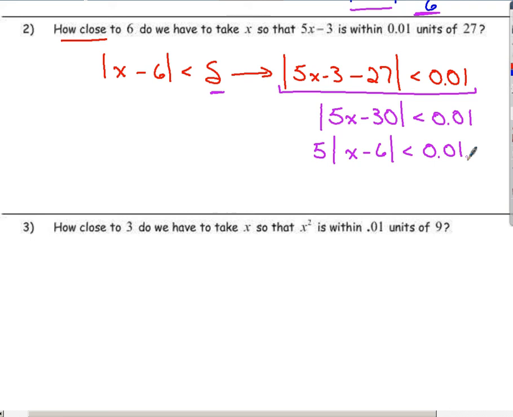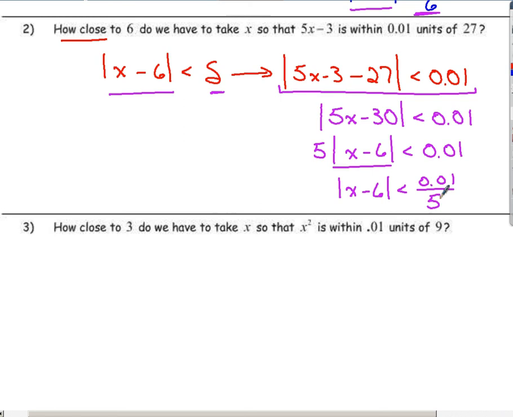I'm trying to get the absolute value of x minus 6 out of this, so we can see that right here. If I divide both sides by 5, I've got the absolute value of x minus 6 less than 0.01 all over 5. So that absolute value is solved for in this inequality.